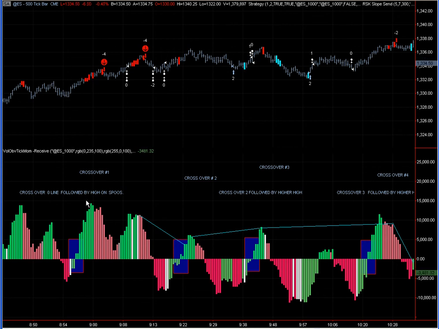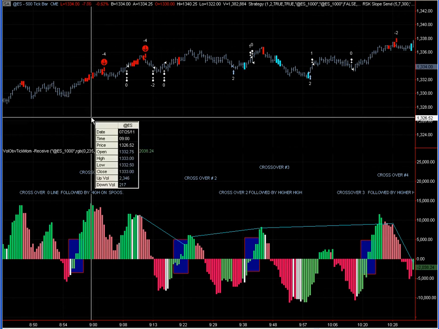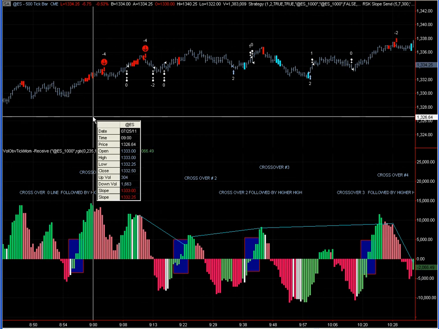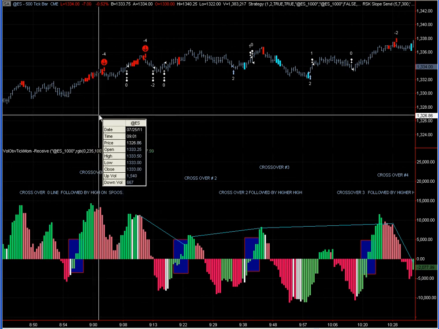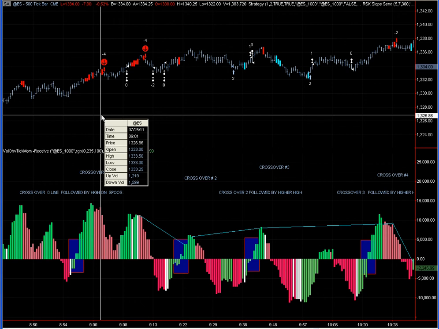It is also keeping track of the volume. So as the spoos move up and the volume moves up, we record the high of the spoos and the high of the volume. If the spoos move higher but the volume drops, and we have other specific conditions that we're looking for, we'll get a short trade.